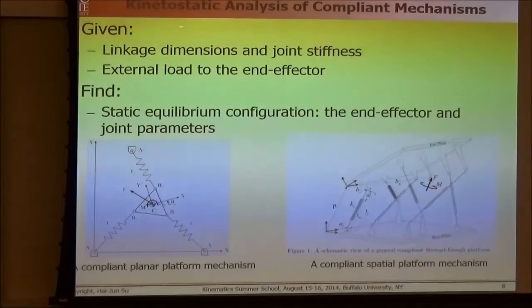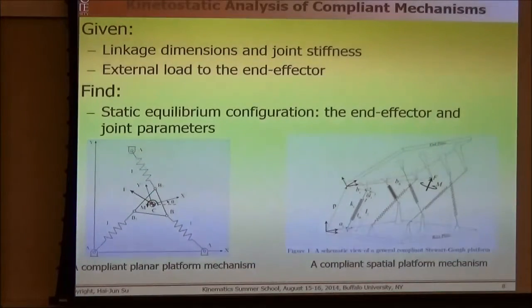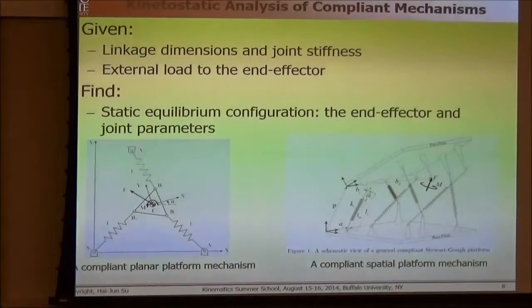Then the kinetostatic analysis of compliant mechanisms is similar to that. For instance, you have this parallel platform mechanism with a moving platform. This is very close to the forward kinematics problem of the Stewart platform that Professor Bosscher gave yesterday, except here the limbs are linear springs.